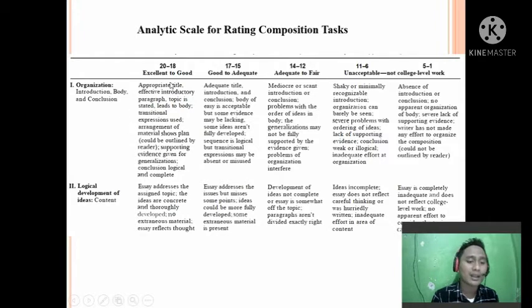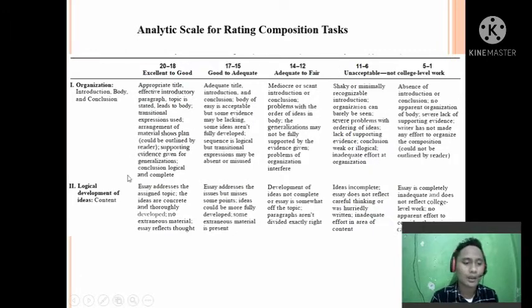If the student writes like this, they will get a score of 20 to 18, excellent or good. If the student's writing is absent of the introduction or conclusion, has no apparent organization of the body, lacks supporting evidence, and the writer hasn't made any effort to organize the composition, they will get a low score, 5 to 1.